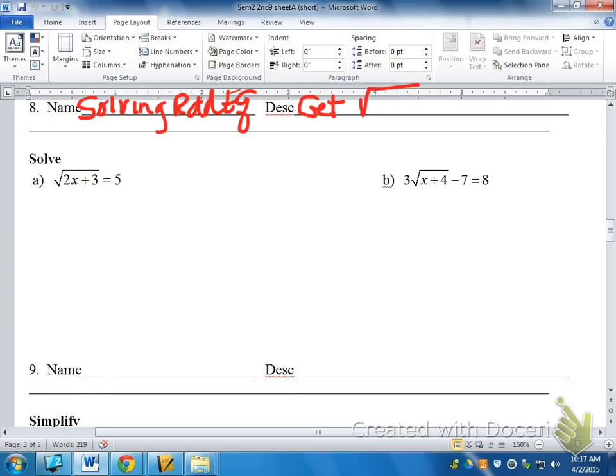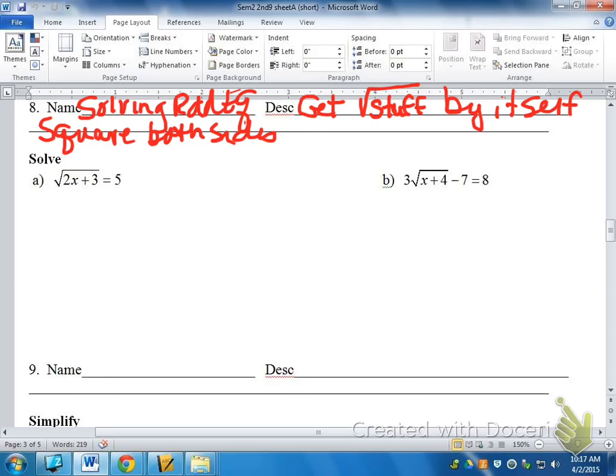Get square root of stuff by itself. Square both sides. Then solve for x. I could swear we've already done this. Did we already do this? Uh-uh.